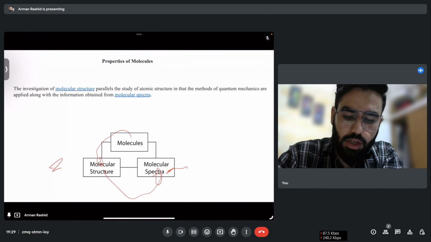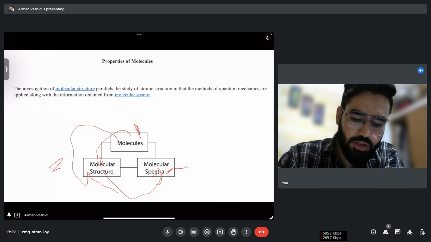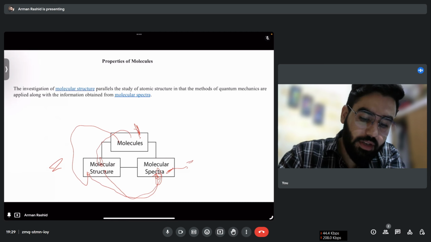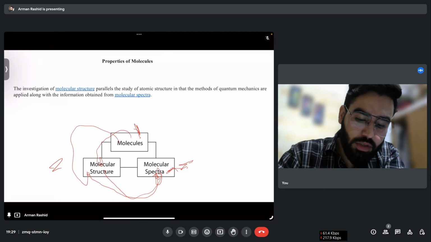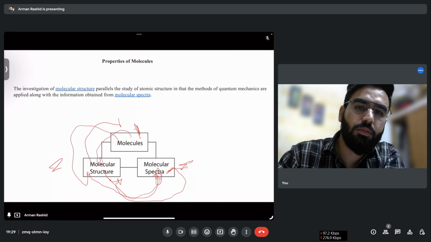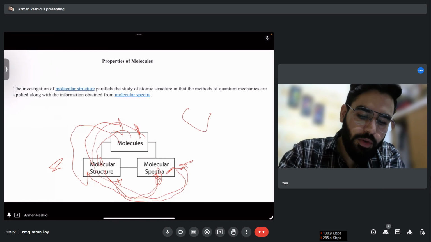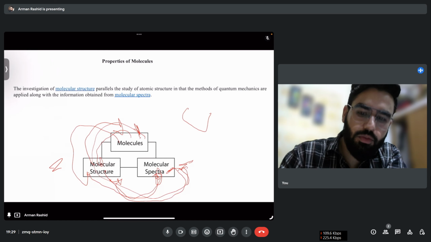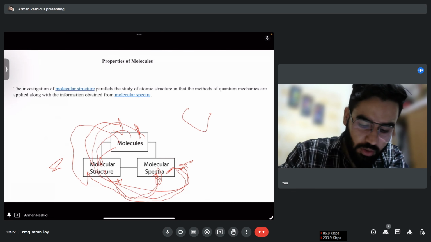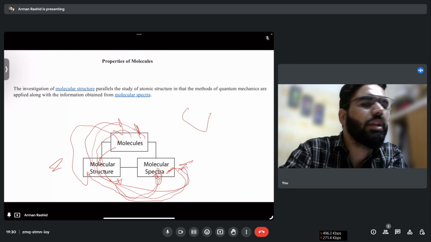If we have the molecule, we can deduce its structure, and from that structure we can know its spectrum. If we have the spectrum, in turn we can deduce its possible molecular structure, and from that we'll know what the molecule is. So this is what chemists do. We have some molecule, we take its molecular spectrum, and from that we can elucidate the structure. Now as I told you, the molecular states are complex compared to the atomic states.